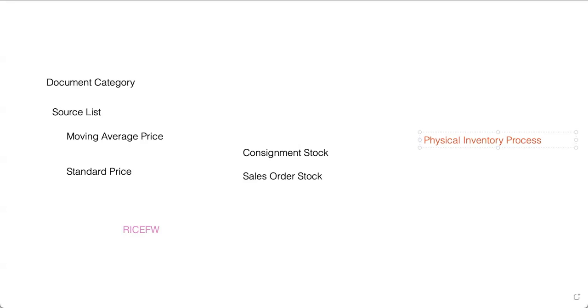First, we go to T-code MI01, where we maintain the material, then MI04, where we maintain the count stock, and MI07, the third step, where we post the document.